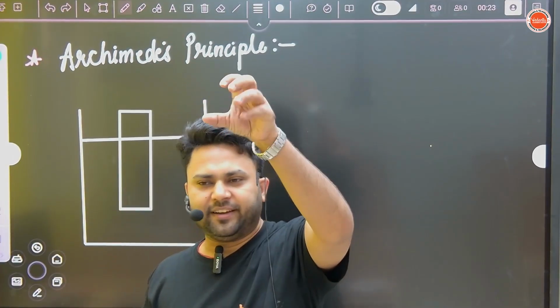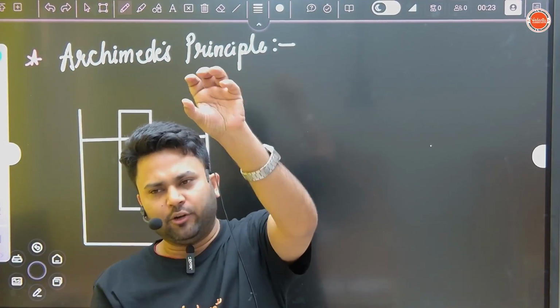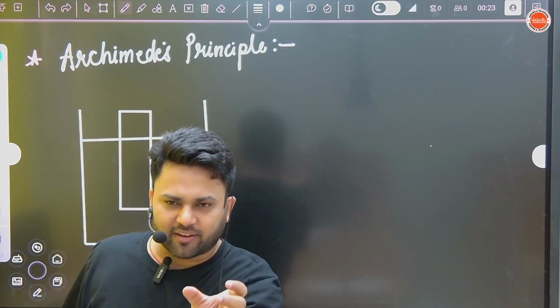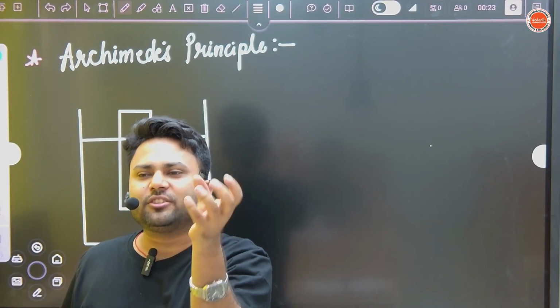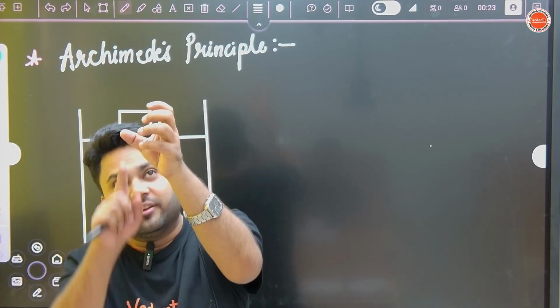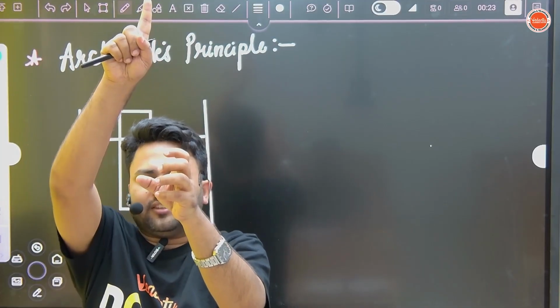Suppose the weight is 100 Newton. You feel 100 Newton in the air. But as you keep this ball in water, you feel light. Now you are feeling 60 Newton. So 100 Newton was down, 40 Newton was up.